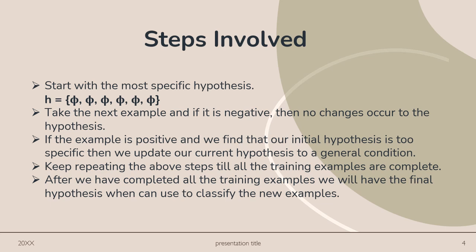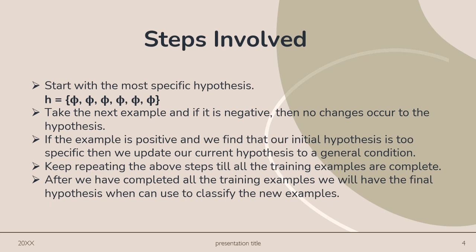It simply tells that first we have to consider the most specific hypothesis. The most specific is nothing but the phi value. For each positive example, for each and every attribute, we are going to check whether the value is equal to the hypothesis value. If it is equal to the hypothesis value, then you're going to ignore it.